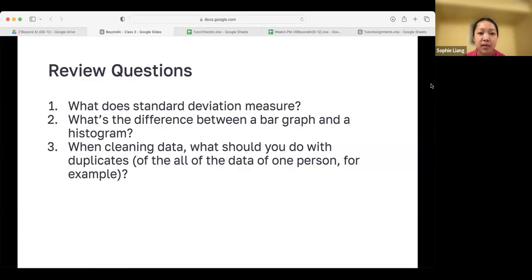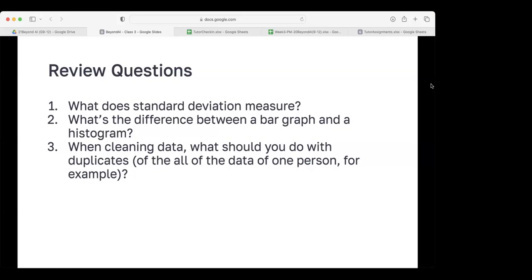Ashrith, do you want to try? The bar graph one? Yeah, number two. Yeah, I think the bar graph is when you show different things, you compare different things, and the histogram is a single thing.